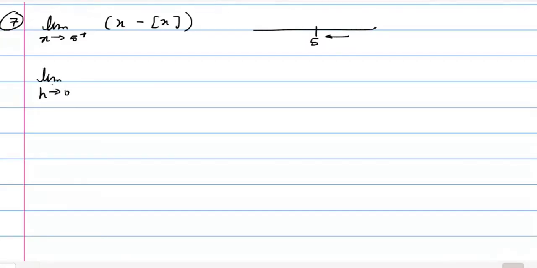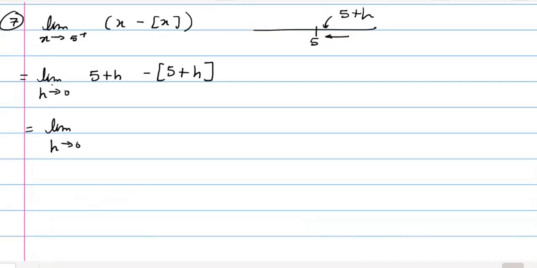So this is the right hand side. You are here, that means you are greater than 5. So this is 5 plus h. So what are we getting here? We are getting 5 plus h minus, this bracket is not needed, and this is 5 plus h. Now what happens here?